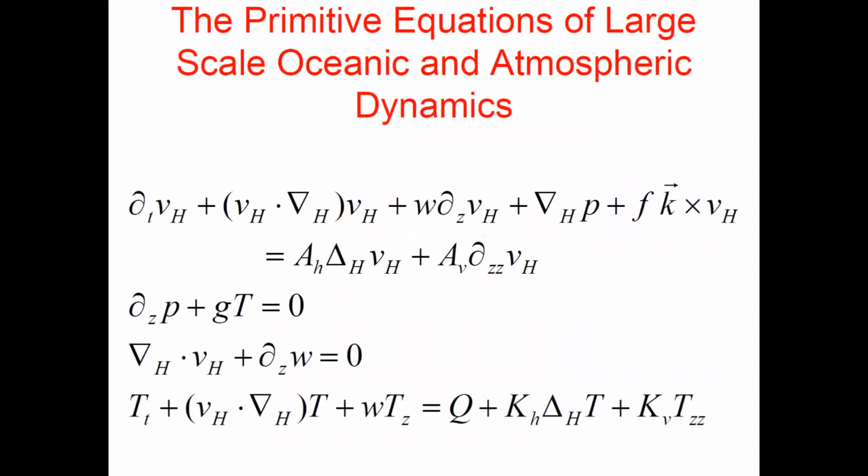Now, if I take the Bénard convection or the Boussinesq approximation, and I keep the horizontal momentum as is and replace the vertical momentum by this equation, which is the hydrostatic balance, this is the system that I get, which people usually call the primitive equations for large-scale oceanic and atmospheric dynamics.